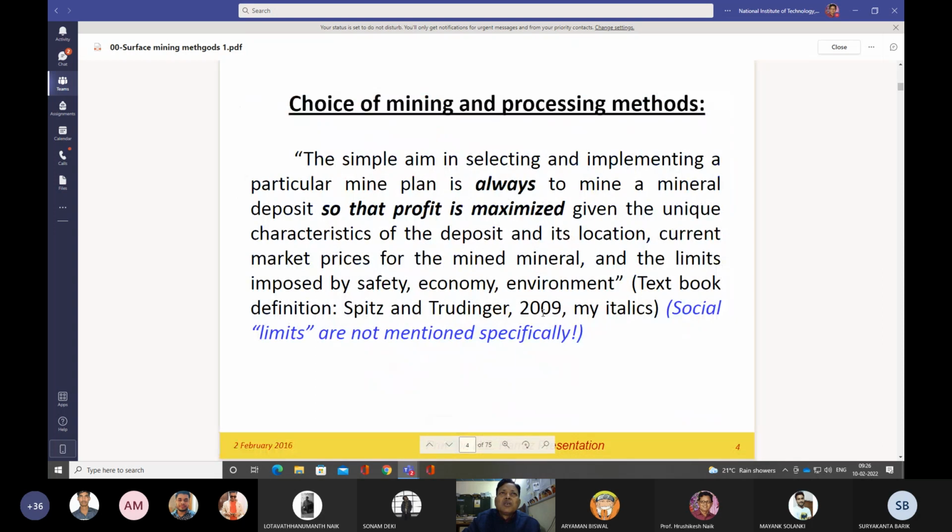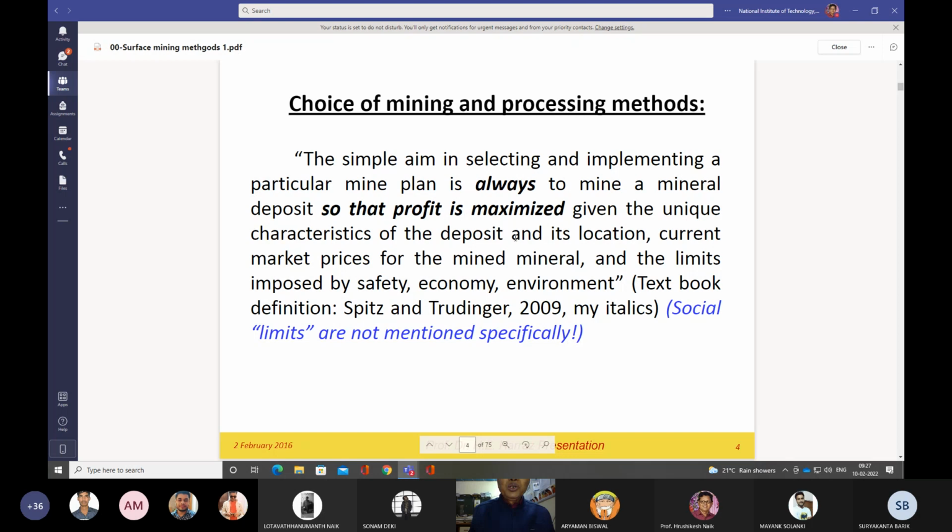The choice of mining and processing methods depends on many factors. The simple aim in selecting and implementing a particular mine plan is always to mine a mineral deposit so that profit is maximized. Maximization of profit and minimization of cost is the primary objective of any company.